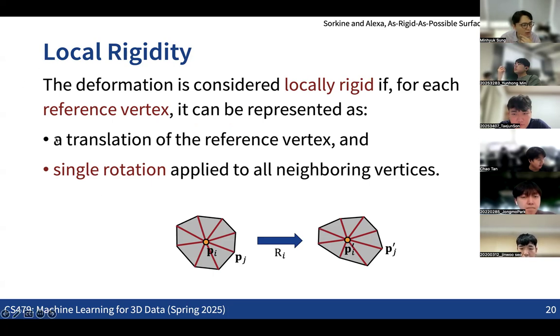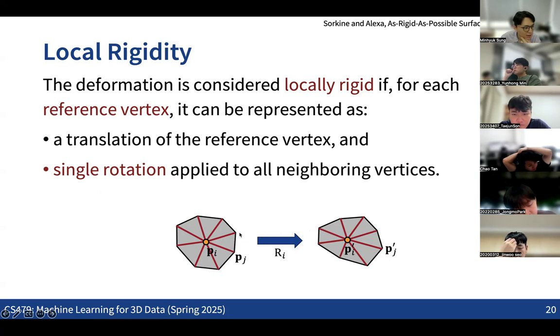So this is the case where we have the reference vertex, pi, which is now moved to the new position, pi prime. Once the translation moves the reference point pi to pi prime, the positions of all the other neighboring vertices are represented with a single rotation into some new positions.